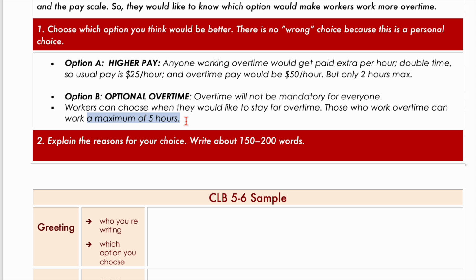Wow. But I think the pay rate will be the same, $25 an hour. And I guess over here, you can work only 2 hours, but get paid $50 an hour. Hmm.